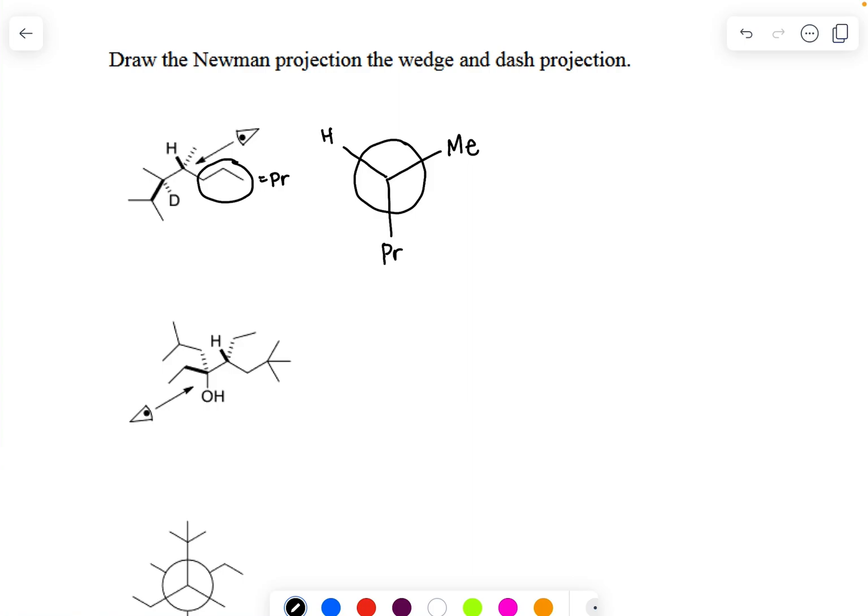Then behind that, going up, I have a methyl, and in the same plane as the hydrogen, I have an isopropyl, IPR. This is IPR, isopropyl. And then this D right here, this is deuterium.